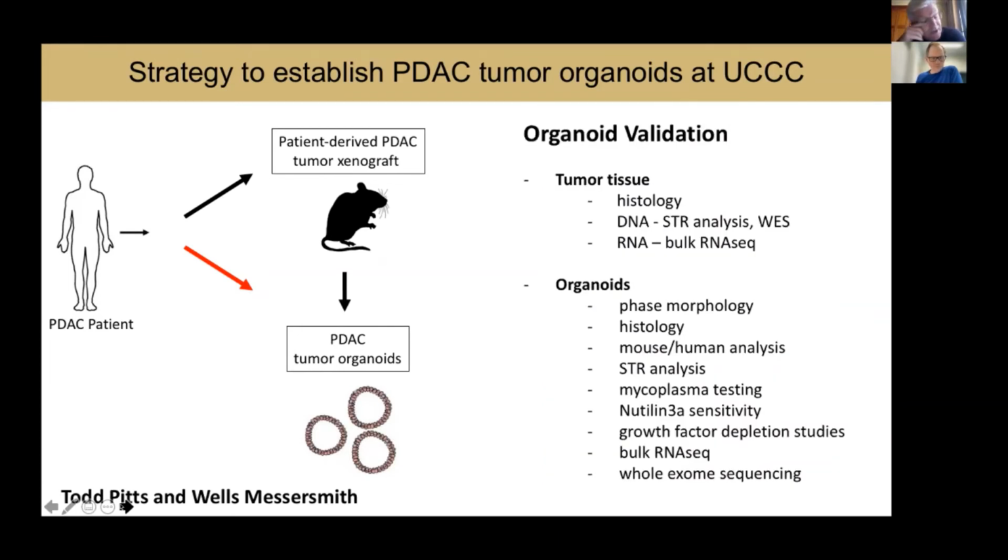So when we generate the organoids, we bisect the tissue if we can, and we have validation of the tumor tissue, and then we do all this validation of organoids that we generate. I'm not going to go through the list, but we have about an 80% efficiency of growing tumor organoids from this system. And it's greatly expanded the number and diversity of organoid lines that are available.